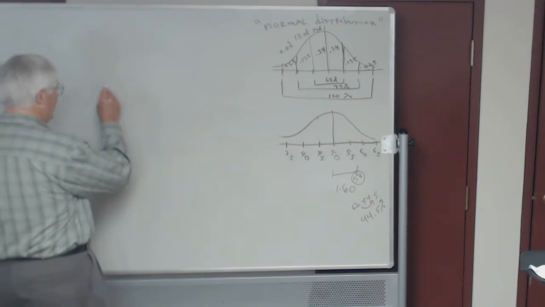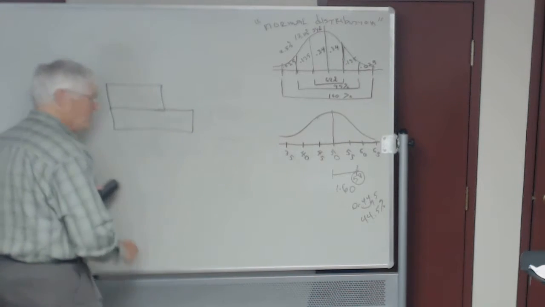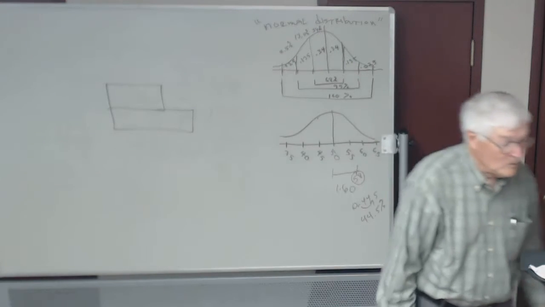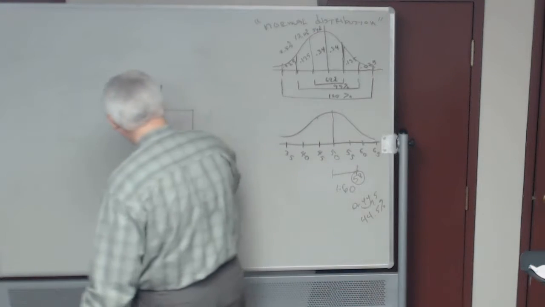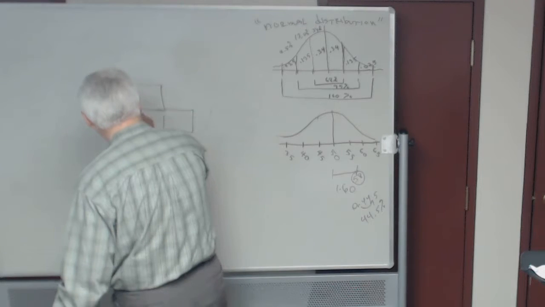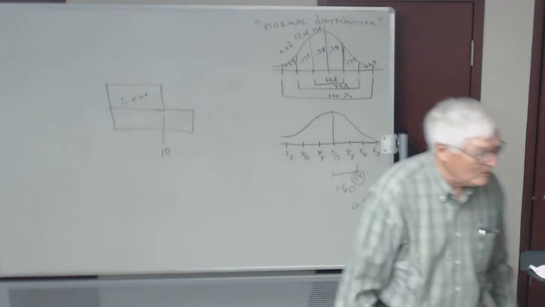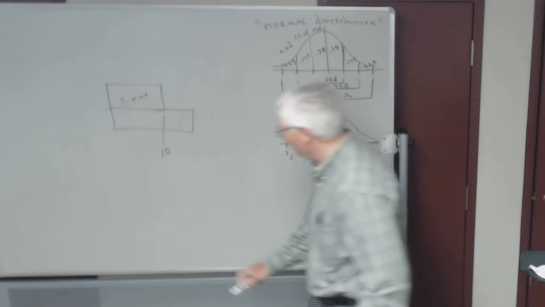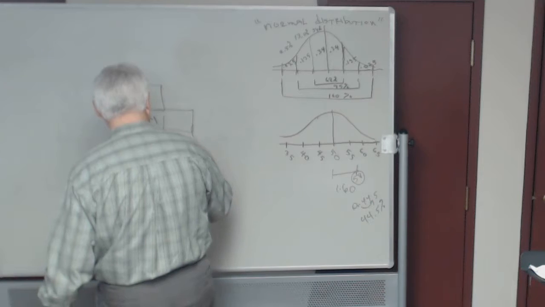Here's a bar graph that shows the sales for 2000. 2000 was 10. This is 2000. And what's the other one? 2004. 2004 is 15.